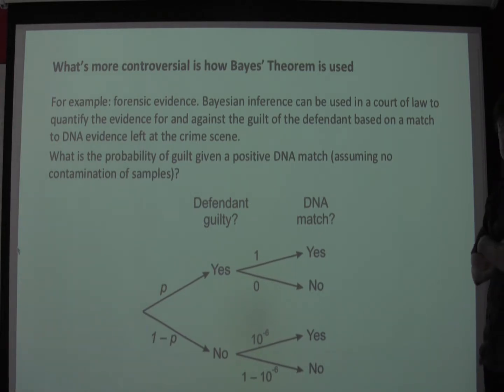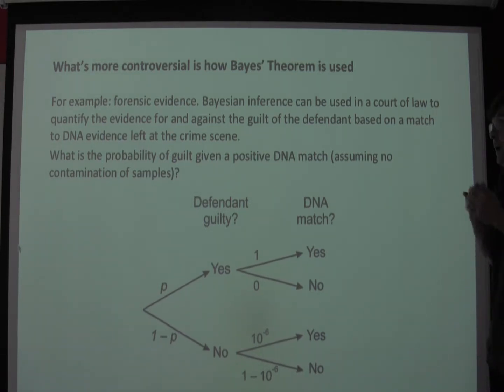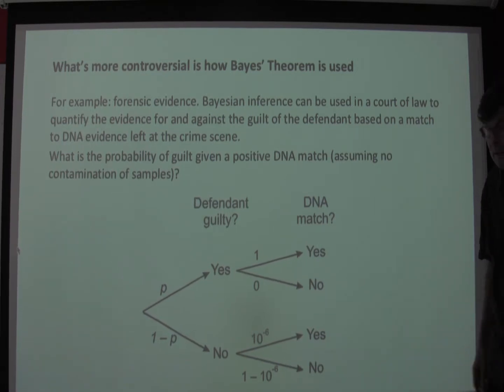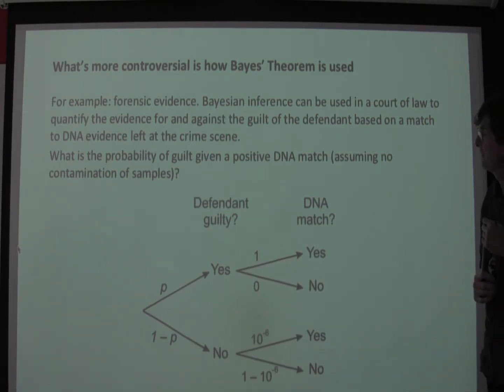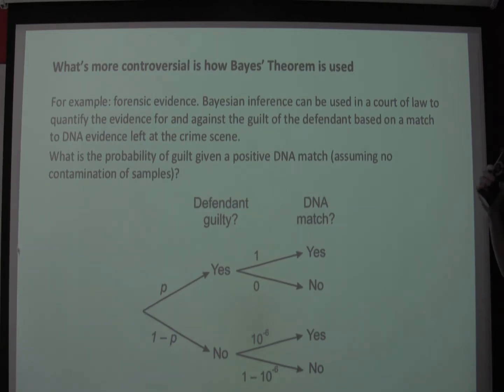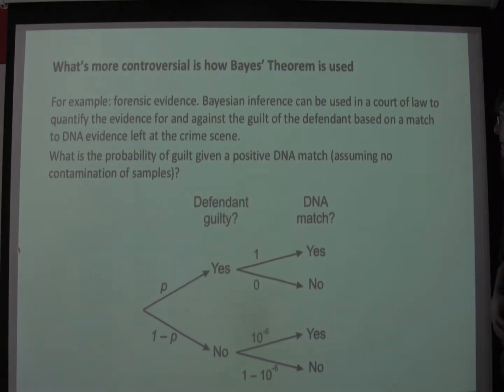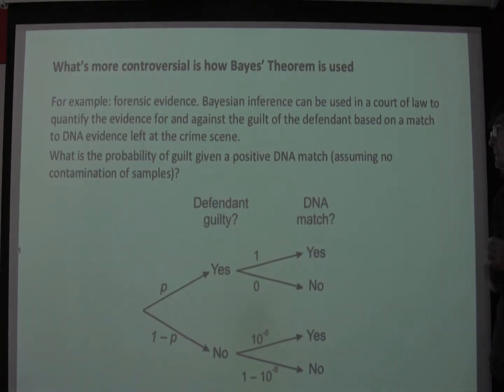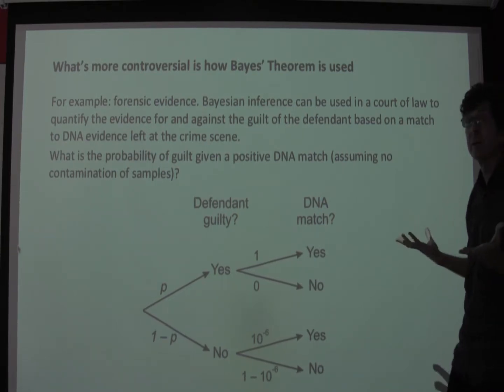So what is maybe more controversial, or at least was controversial in the past, is how Bayes' theorem is used. Forensic evidence: Bayesian inference can be used in a court of law to quantify evidence for and against the guilt of a defendant based on a match to DNA evidence left at the crime scene. There are various situations in which DNA tests are used, say to establish paternity.